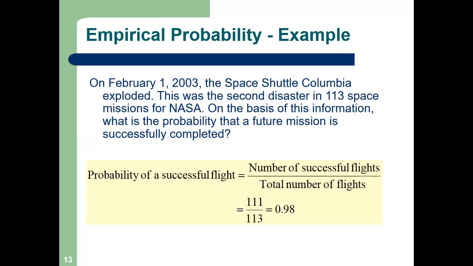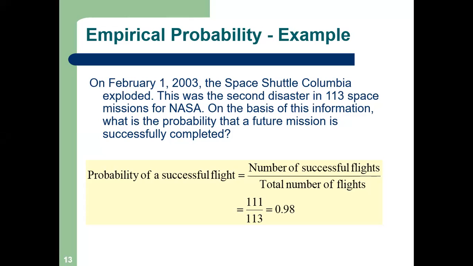Similarly, we can use this same example for the measurement of failed flights probability. If we turn it the other way, the probability of failed flights: how many failed flights were in this case? There were two failed flights out of 113.